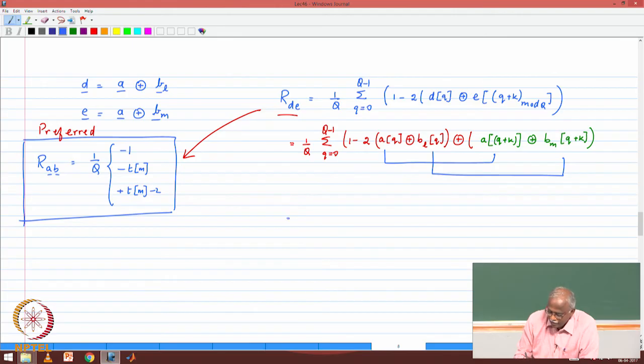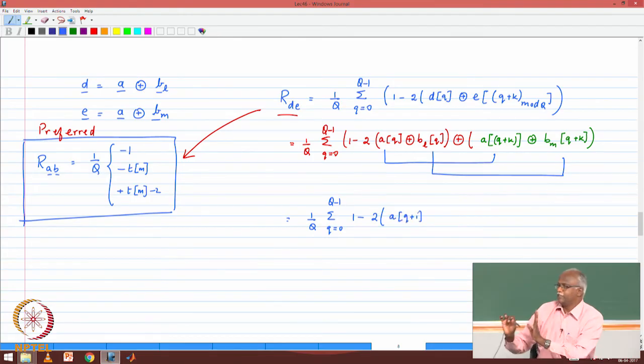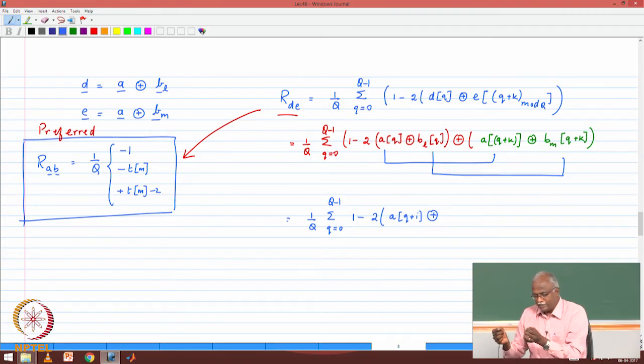So this can be written as 1 by q summation q equal to 0 through q minus 1, 1 minus 2 times A of q plus i, some other shifted version. It's not the original two. And this will be exclusive OR with the B's, which are also M sequences. If I take two cyclically shifted versions, it's going to produce another cyclically shifted version. I'm going to call that B of q plus j.